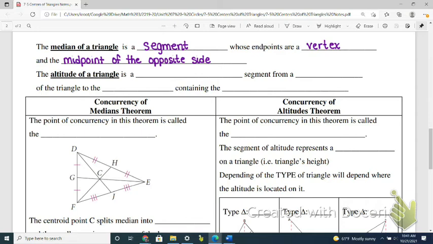So the median connects a midpoint to an endpoint, the midpoint of one of the sides to a vertex, or the point of the triangle on the opposite side.